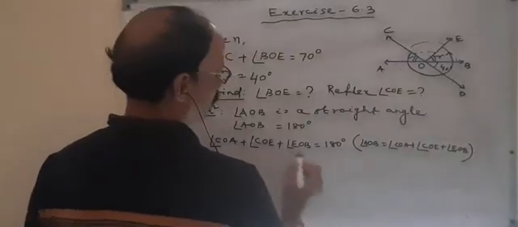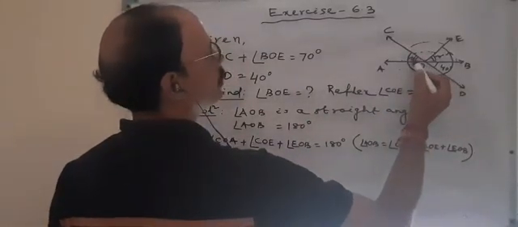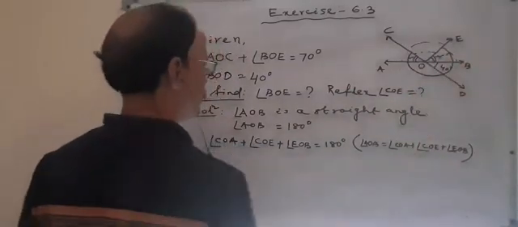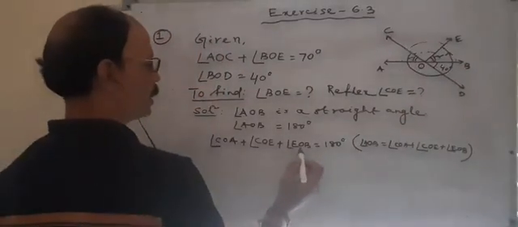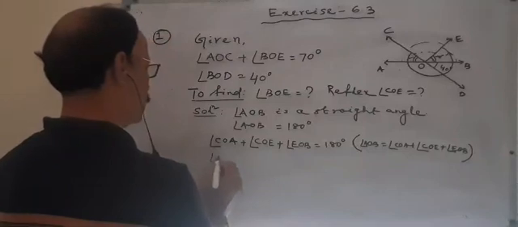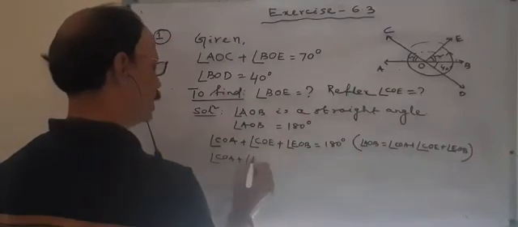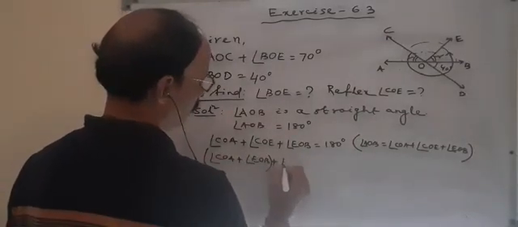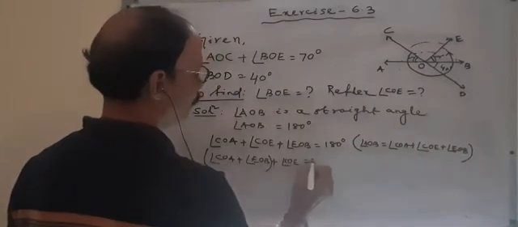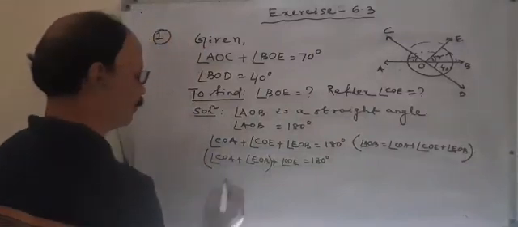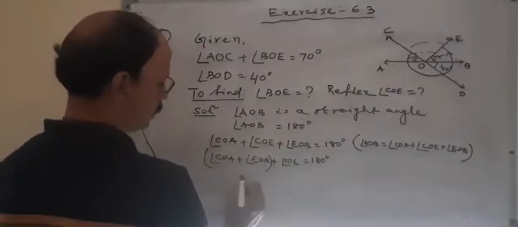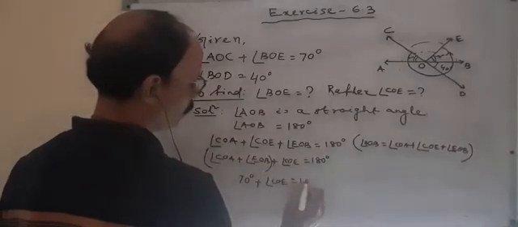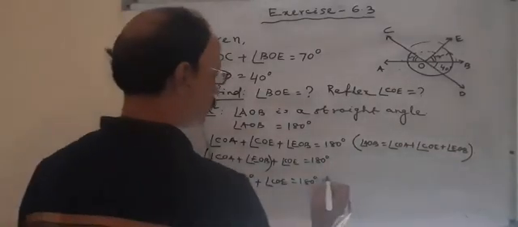So we know the sum of angles COA and EOB already, that is, COA plus EOB, putting both in brackets, plus angle COE equals 180 degrees. So how much is COA plus EOB? 70 degrees. So 70 degrees plus COE equals 180 degrees. Why do we write this?